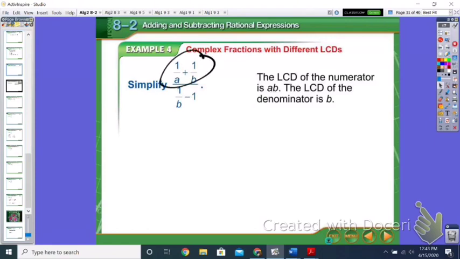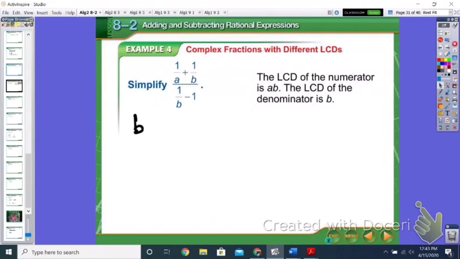If I focus on the numerator, and I focus on the fact that the LCD of the numerator is AB, so you could go off to the side somewhere and work through that. You should end up with, and I'll show a little bit of work. Okay, I'd have to multiply 1 over A by B over B, because I need to turn it into AB.